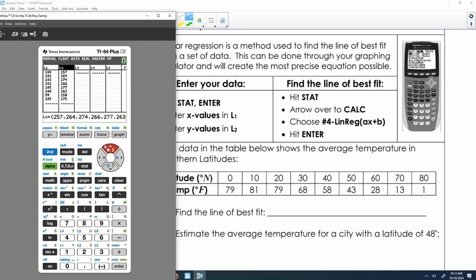Highlight that, push clear, not delete, just clear, enter. It will wipe out all those points, but not delete the entire list. So we should all be looking at blank lists right now.